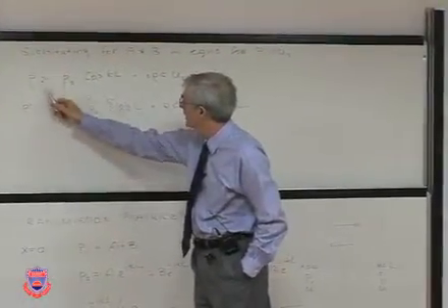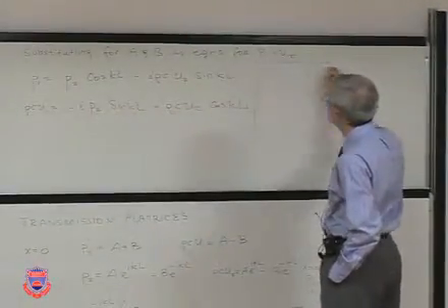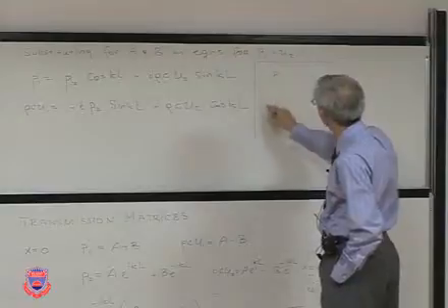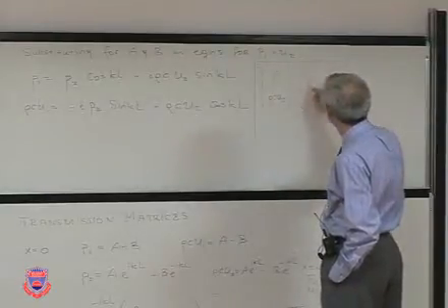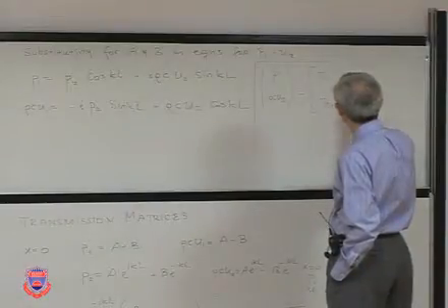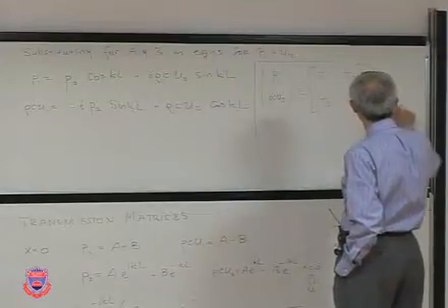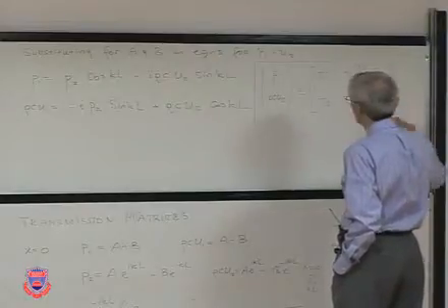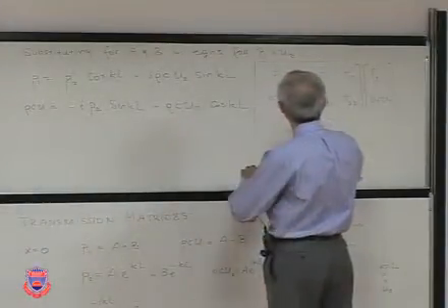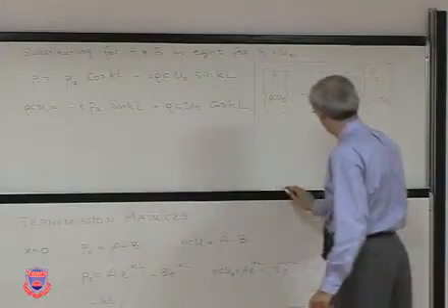a relationship between P1, U1 and P2, U2. So what I want to do is write it in matrix form.